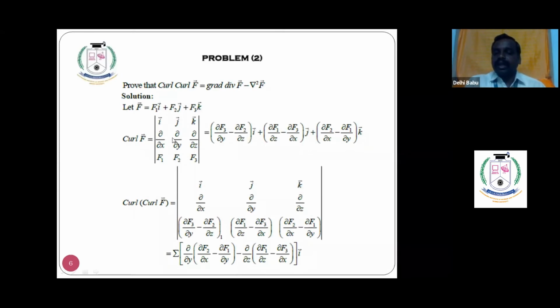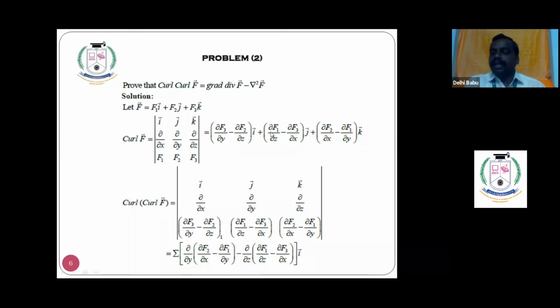Then we have a 2 by 2 matrix. Expand this determinant: first dou by dou y of f3 minus dou by dou z of f2, minus j vector into, omit the column and row. We get dou f3 by dou x minus dou f1 by dou z.